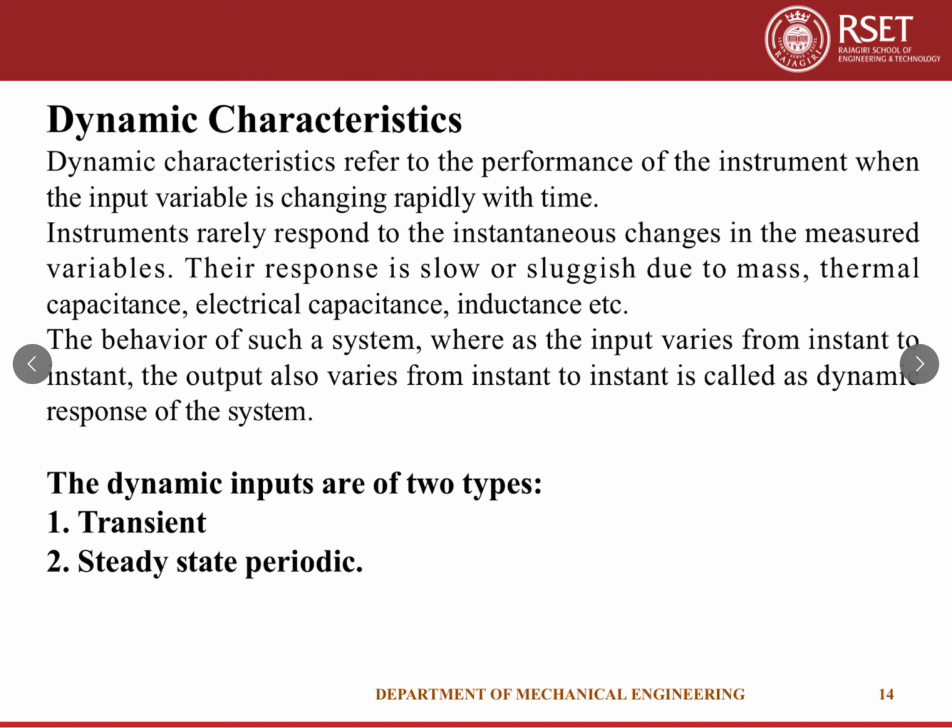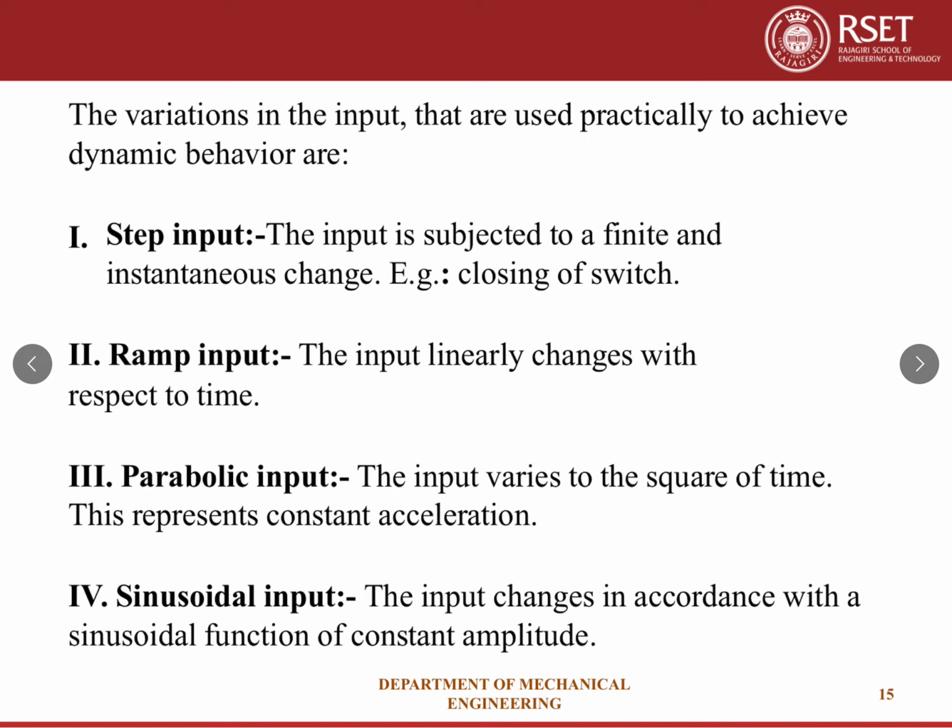So we have this time varying input. We have two types: transient input and steady state periodic. One is transient, but the other one is steady state periodic. Also, the variations in the input that are used practically to achieve dynamic behavior are of many types.